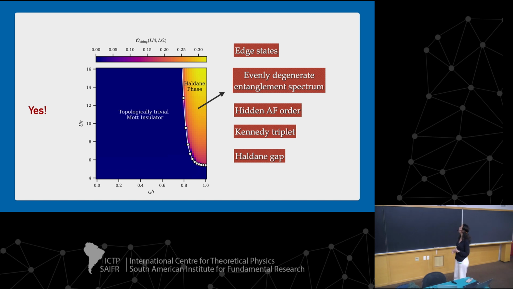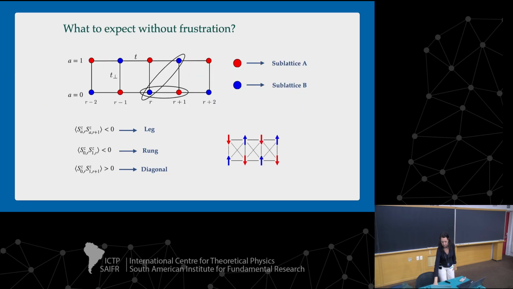We look into evenly degenerate entanglement spectrum, hidden antiferromagnetic order. We looked at the Kennedy triplet to see if it's there, and the Haldane gap. I'm not showing all the data now, but just to give you a flavor of the physics that is going on there.